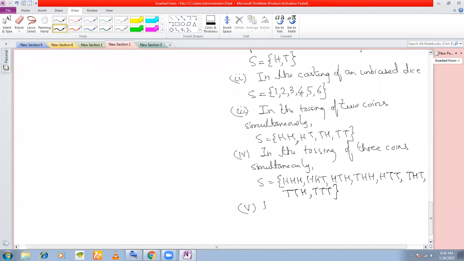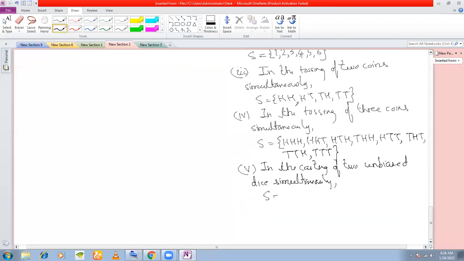And finally, in the casting of two unbiased dice simultaneously, what is the sample space? 1,1, 1,2, 1,3, and you can continue this way till 6,6. All the results I have written above.